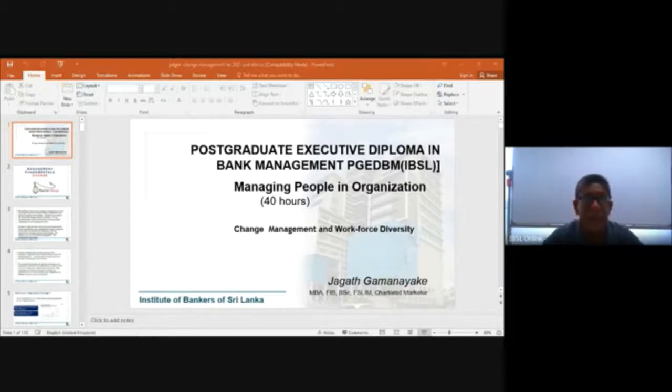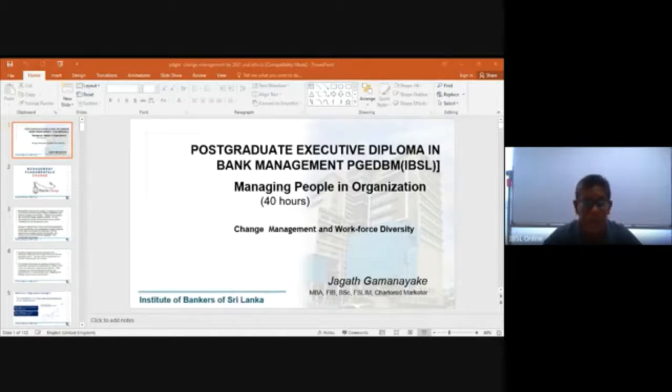Then we discussed other changes, such as systems and procedures. Change can take place at three levels. From the individual perspective, for example, changing the job assignment of an employee, or moving an employee to a different but suitable location. That's the individual change.